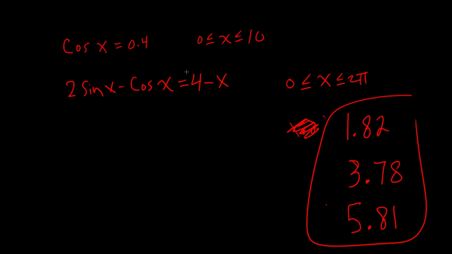Okay, now we need to solve for x on the domain from 0. This is a new problem. So once again, we're in between 0 and 2 pi. And we want to do cosine x is equal to negative square root of 3 halves. We also want to do 2 sine x minus 1.